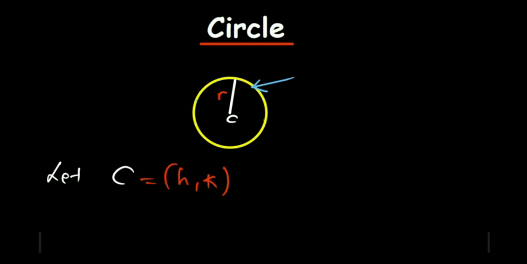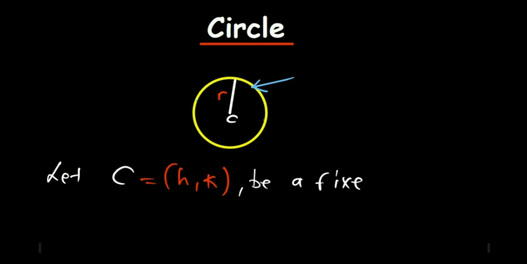Okay, that's one thing that is basic to us. Now what else do we know about a circle? Let's now continue our definition. Let our center C be equal to h comma k. Those are just coordinates, h representing x and k representing y for that coordinate. And of course it should be a fixed point.